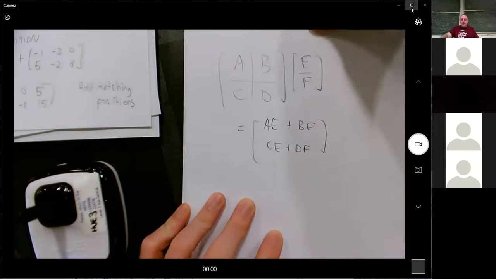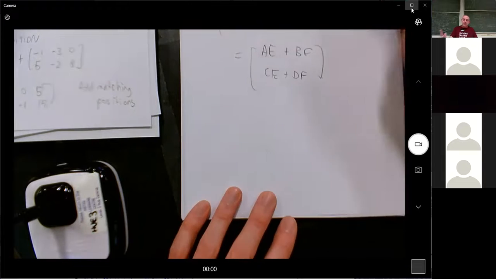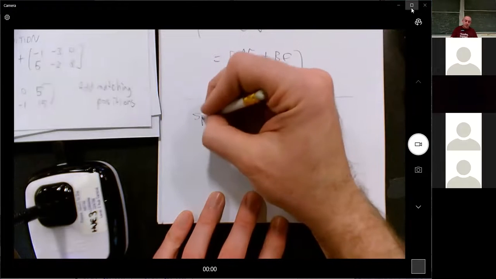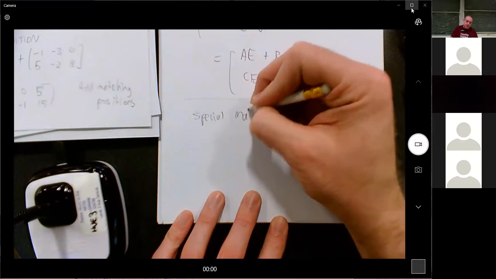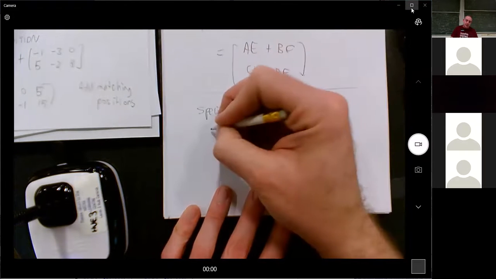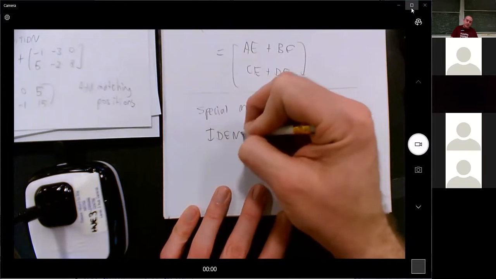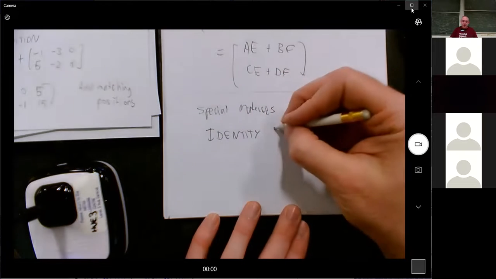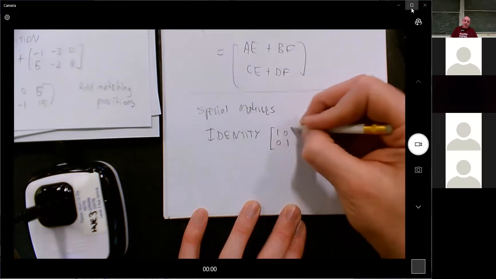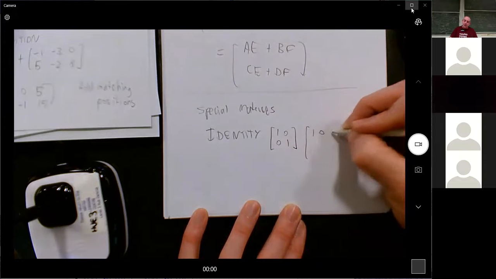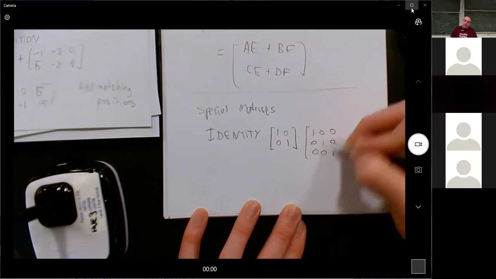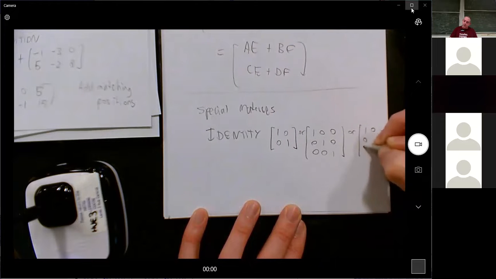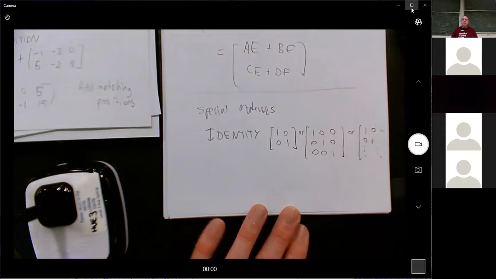Okay, cool. So one last thing, there are two special matrices. There is the identity, and I say the identity, there's a different identity for every size. They have to be square, and they have ones down the diagonal and zeros everywhere else. They can be as big as you want.